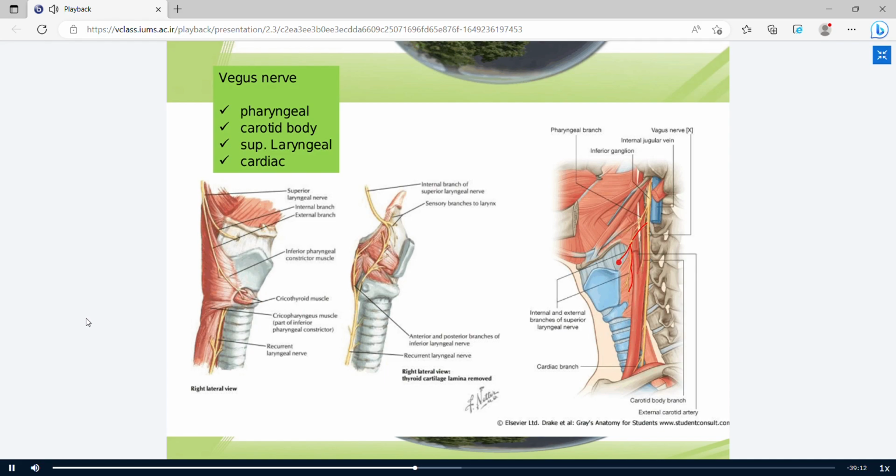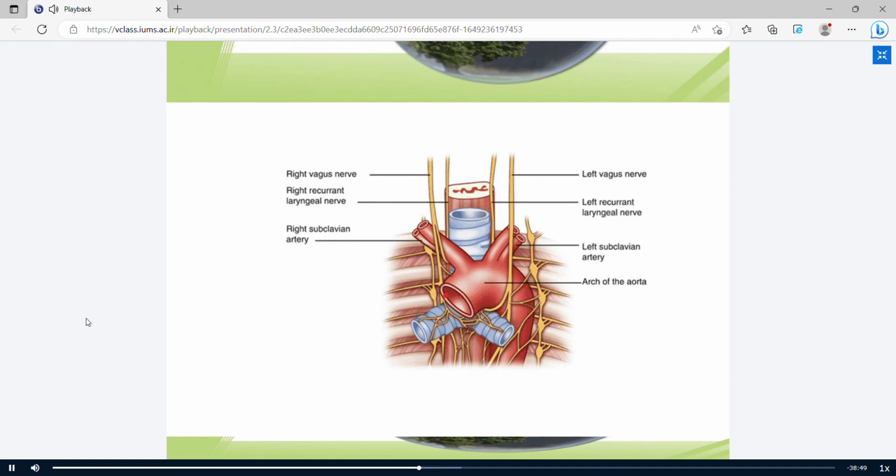But the internal branch has sensory fibers, passes through the thyroid membrane, and enters the internal cells of the larynx and provides sensation for the upper part of the larynx. This is the vagus nerve, right and left vagus nerve.